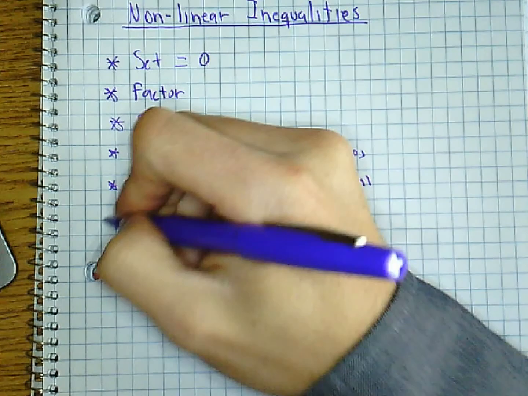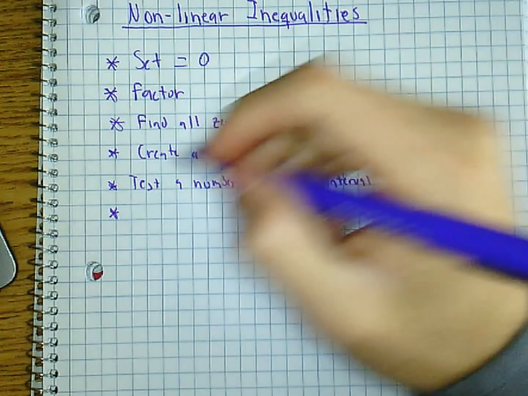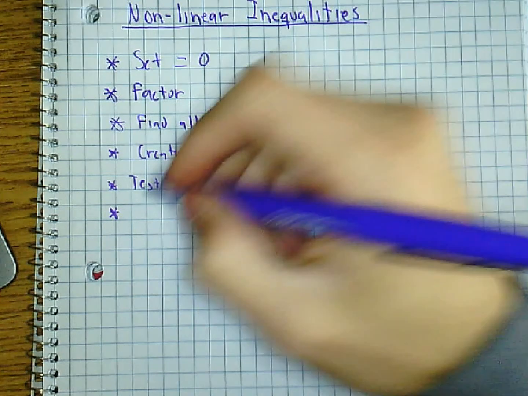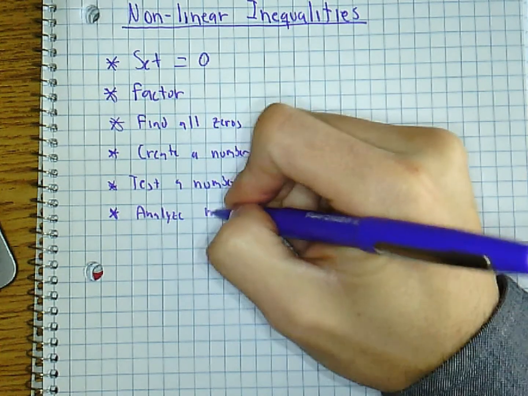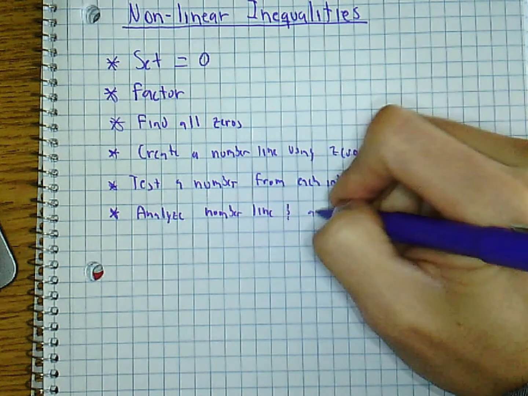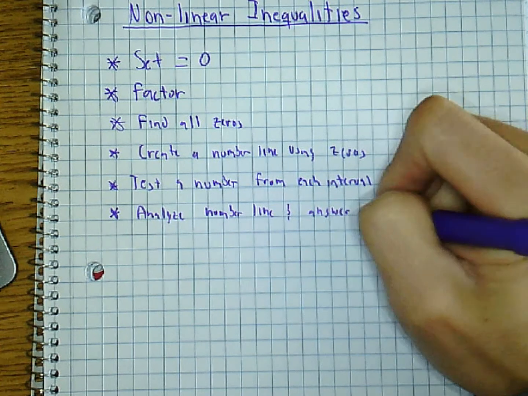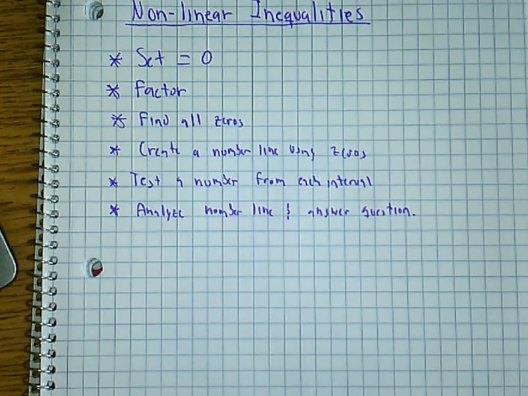And I guess we can add an extra step, which would be to analyze the number line and answer the question. Okay, so this would be, I guess, your recipe for success for inequalities.